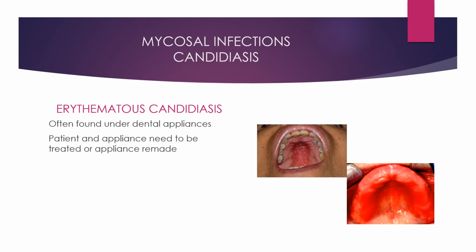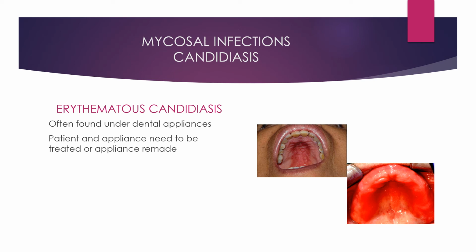When the patient has an appliance, denture, partial denture, and has candidiasis under that appliance, both the patient and the appliance need to be treated. So the patient has the infection, but the appliance also needs to be treated.